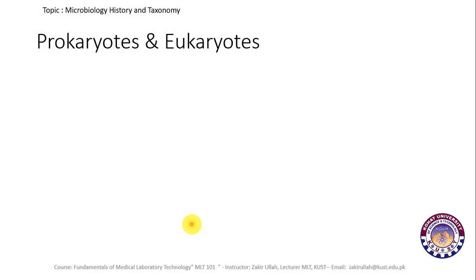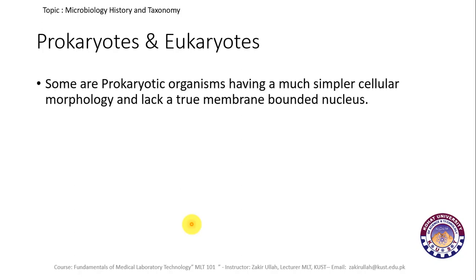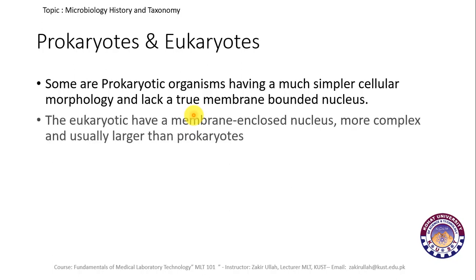Now, what is a prokaryote and what is a eukaryote? How can we say that this type of cell is prokaryotic and this is a eukaryotic cell? Prokaryotic organisms have a very simple cellular morphology, and these cells do not have membrane-bounded organelles, therefore they are called prokaryotes.